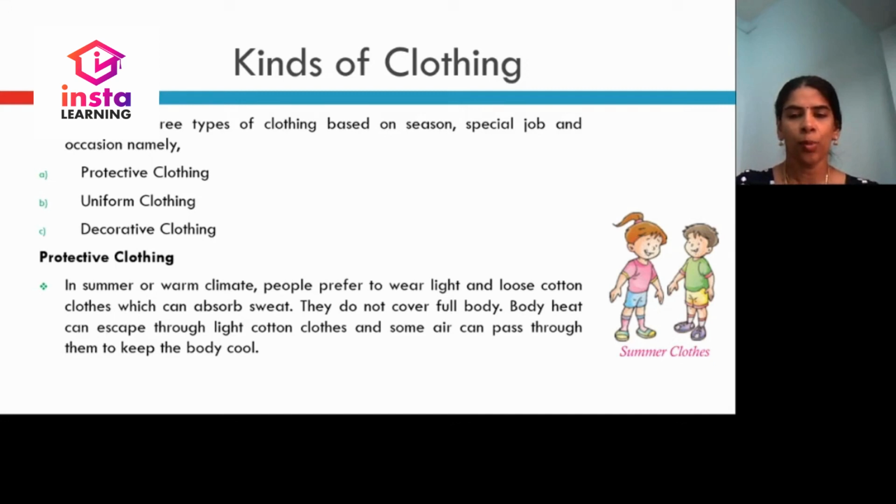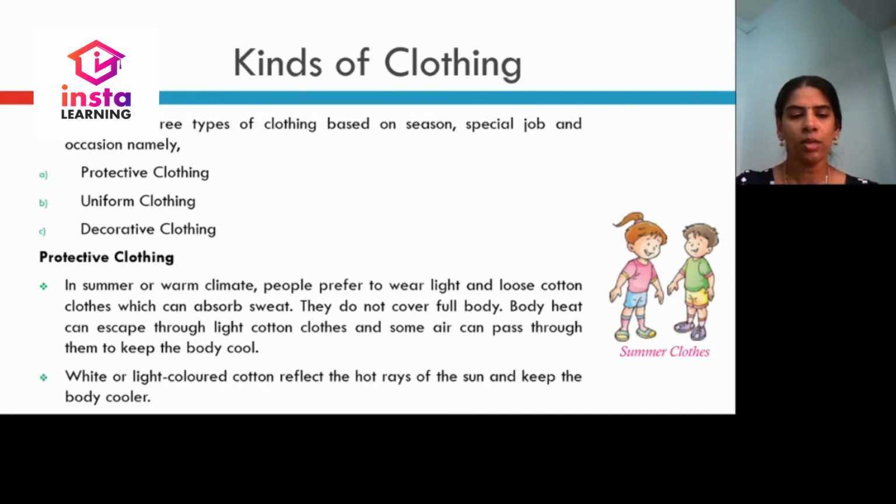The heat of the body can escape through light cotton clothes and some air can pass through them to keep the body cool. White or light colored cotton reflects the hot rays of the sun and hence keeps the body cooler.